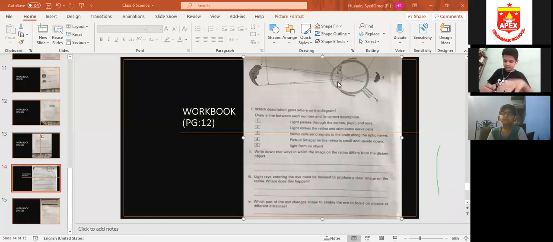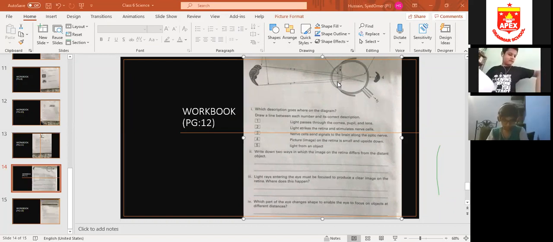Now they continuously change shape to focus on the object. So it means that light rays entering the eye must be focused to produce a clear image on the retina. Where does this happen? It means it happens on the iris. So you will write down the iris.